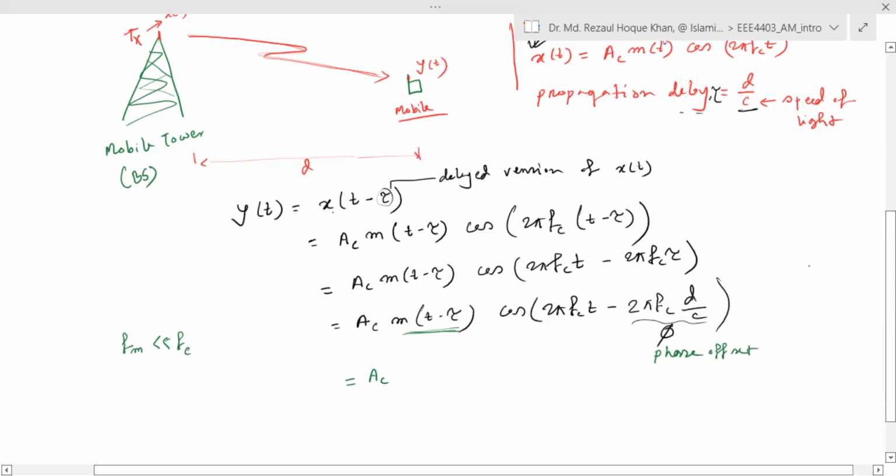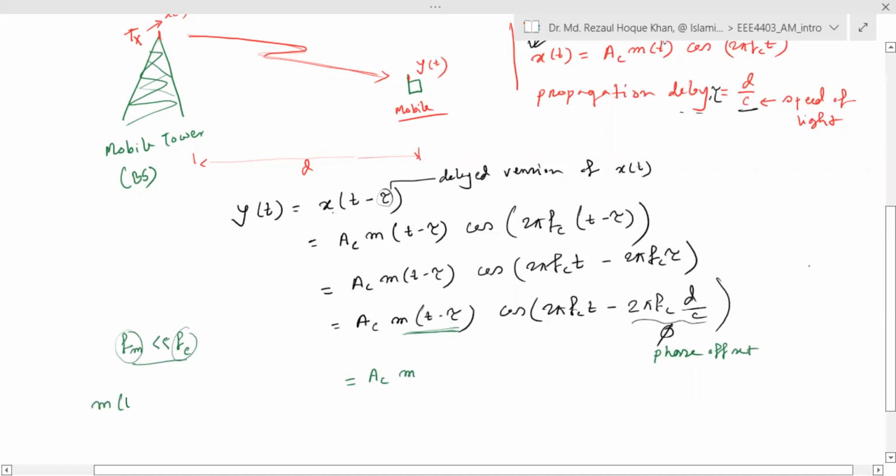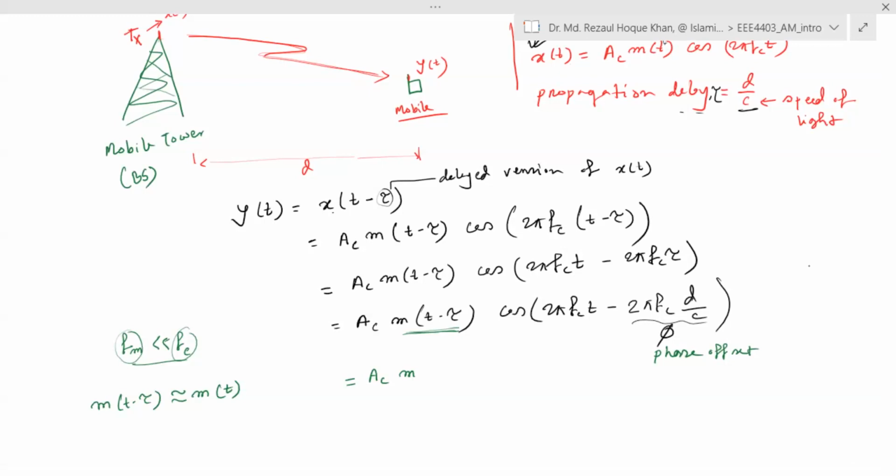a c is almost here. If this is the case, where the frequency of the message signal is much lower than the carrier, then m(t minus tau) is almost the same as m(t), because the maximum frequency component fm of the message signal is much lower compared to fc, the carrier frequency.